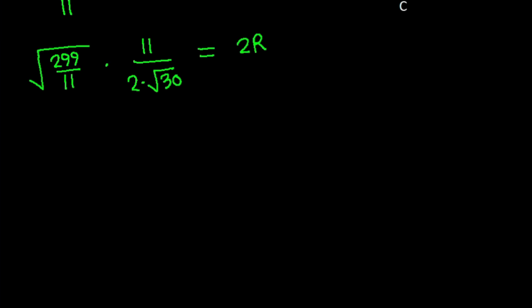and it is root 299 over root 11 times 11 over 2 times root 30, is 2r.